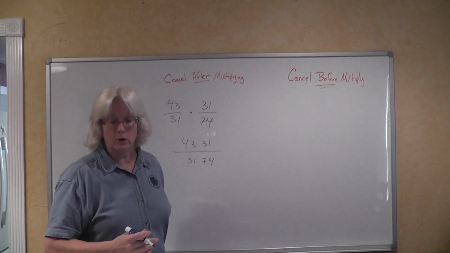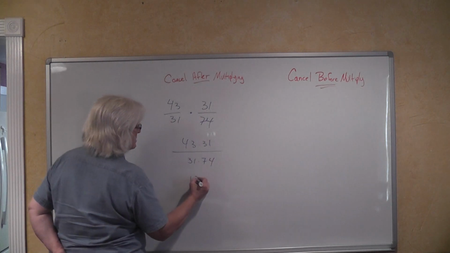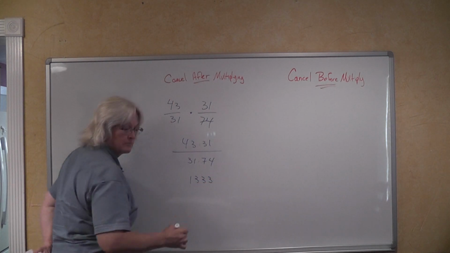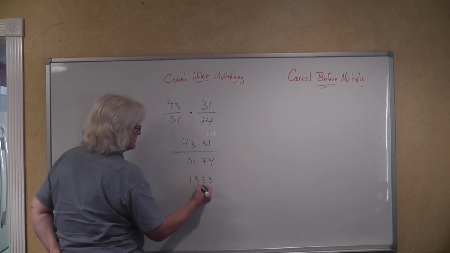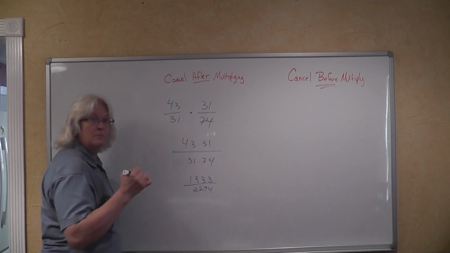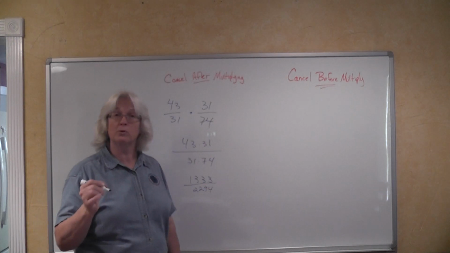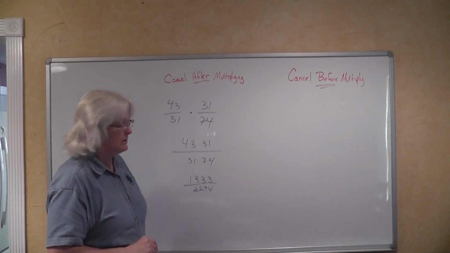Now I'm not going to hand multiply 43 times 31, but that gives us 1,333, and 31 times 74 gives us 2,294. My eyes are already glazing over because I don't particularly care to do long multiplication or long division by hand.